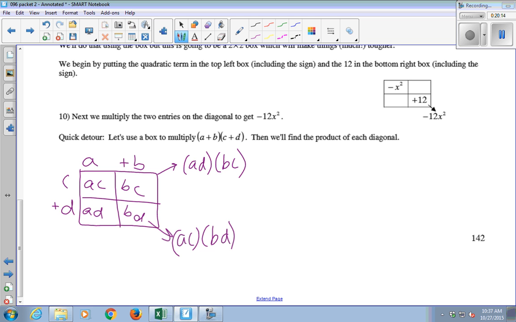What's true about those two expressions? They equal the same thing. Yeah. How do you know that? Why? So let me ask you a different question.